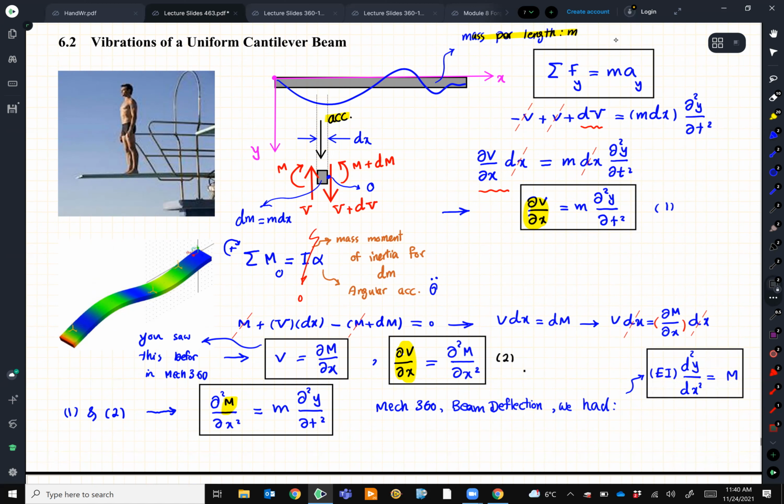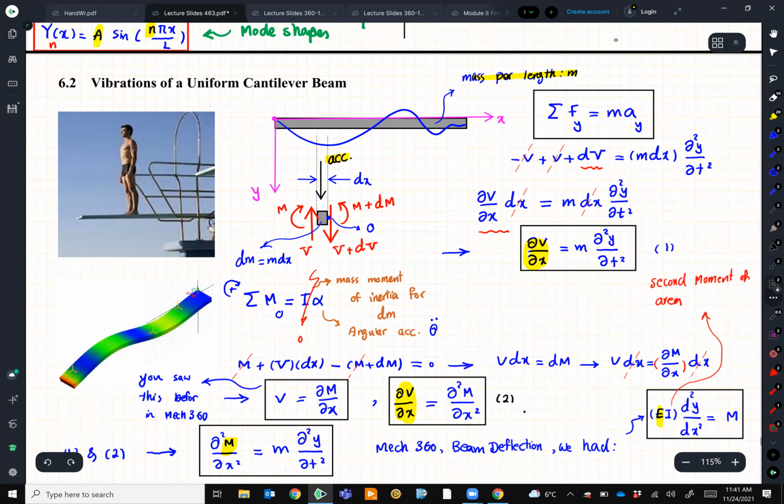For any beam that has modulus of elasticity E, and don't confuse this I. This I is the second moment of area. This beam has a cross section, right? Let's say my beam has this cross section. Just draw it up here.